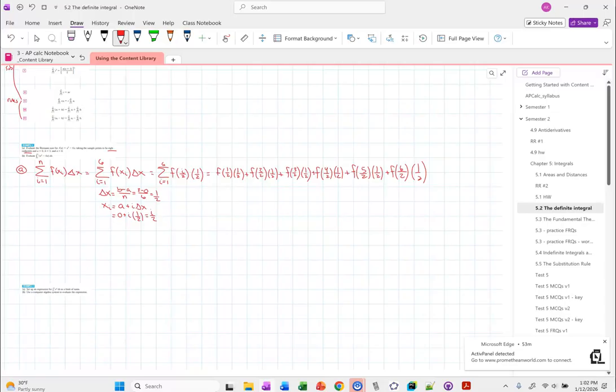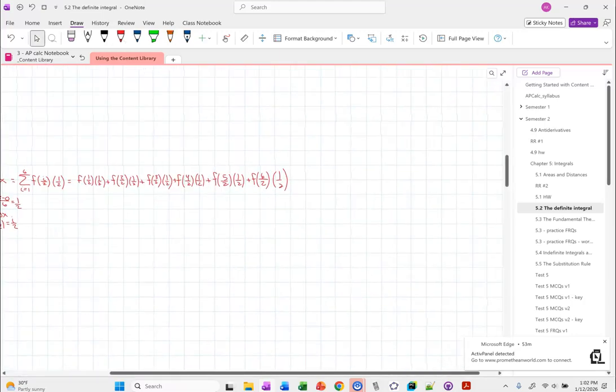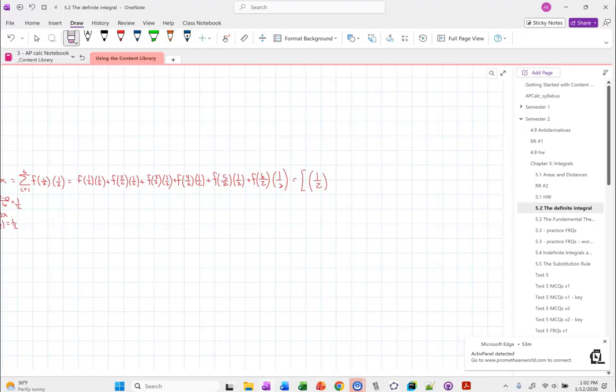And now I know what f is, right? f of x is x cubed minus 6x. So f of 1/2 would be 1/2 cubed minus 6 times 1/2.